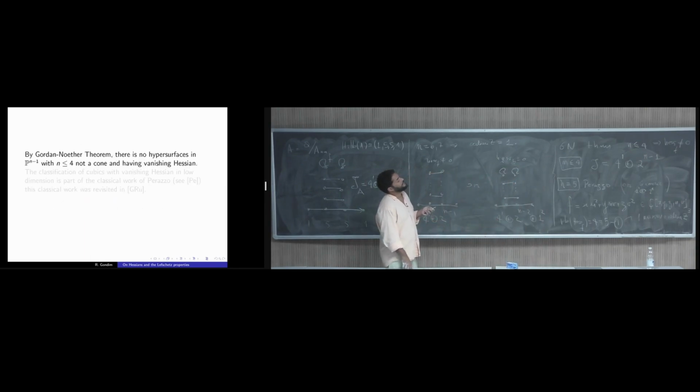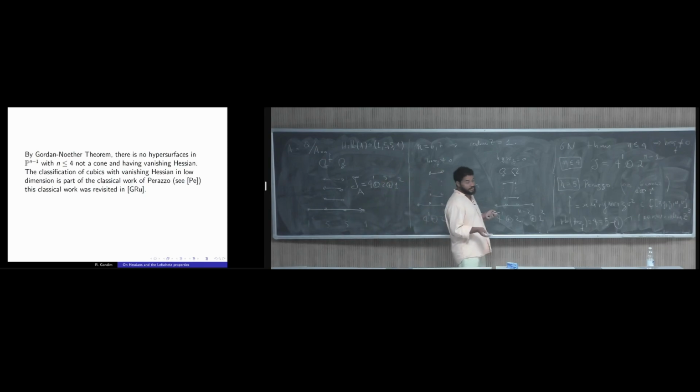This is this discussion. The classification of cubes with vanishing Hessian in low dimension is part of Perazzo's classical work, revisited together with Russo.